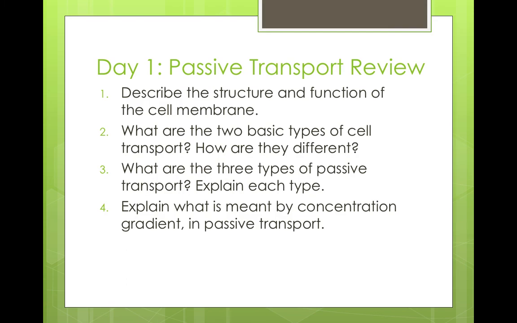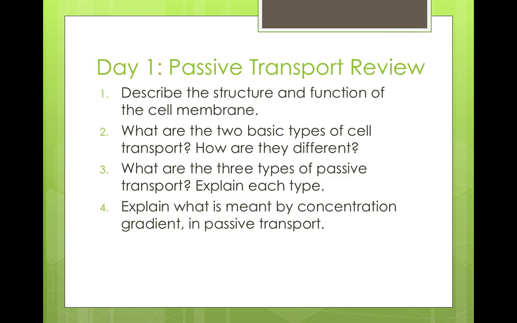So that's what number 3 is talking about: what are the 3 types of passive. Whenever I ask you to explain each type, what I'm asking is, on diffusion, know that we're talking about gas exchange. Know that we're talking about oxygen and carbon dioxide moving across the cell membrane. For facilitated diffusion, you need to make sure that you know that we're talking about glucose moving across the cell membrane with the help of those embedded proteins.